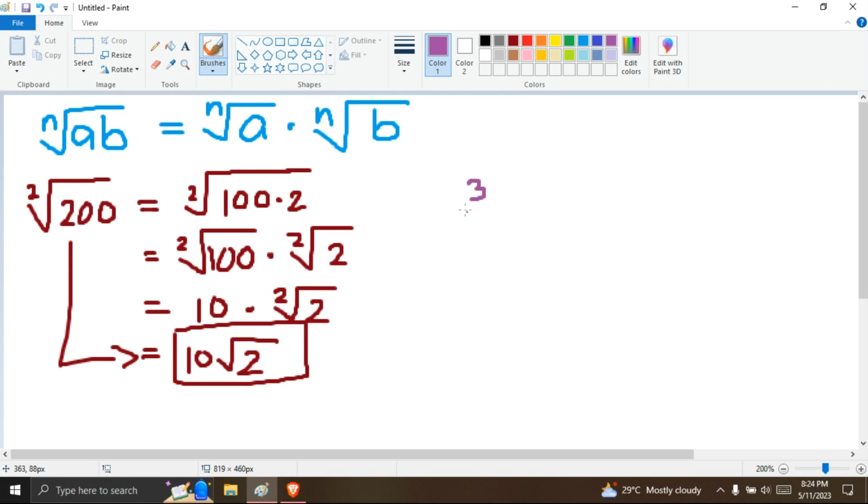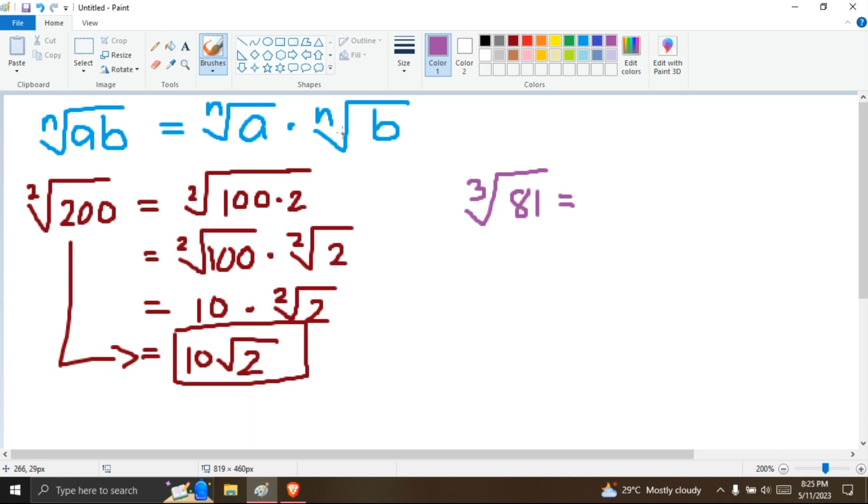Let's say the cube root of 81. So we know that 81 is not a perfect cube root. So all you have to do is apply this one, the nth root of AB equals the nth root of A times the nth root of B. So what we will do, first step, is factor 81, in which one number can be a perfect cube root.